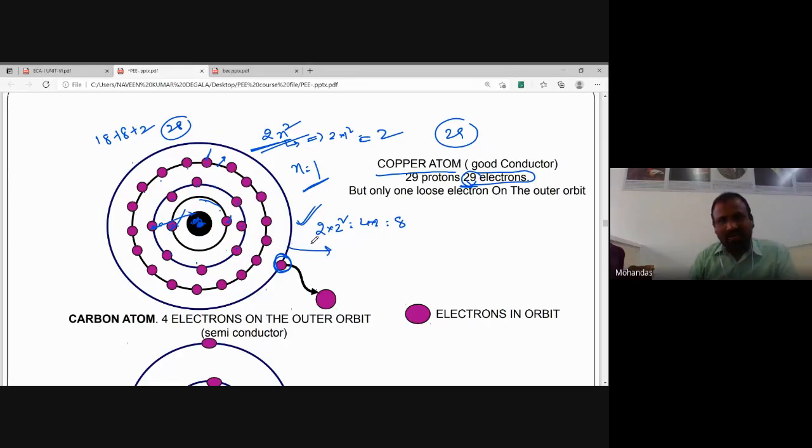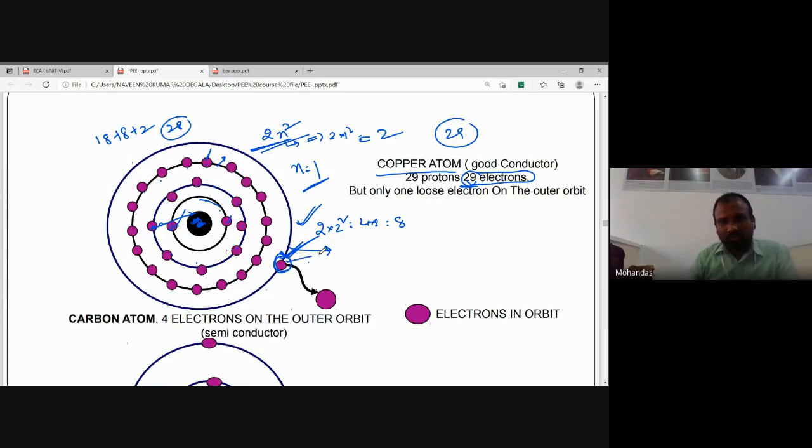And this shell is called the valence shell, and this electron is a valence electron. If you compare the energy levels, this electron present in the outermost shell is weakly bound by the nucleus.